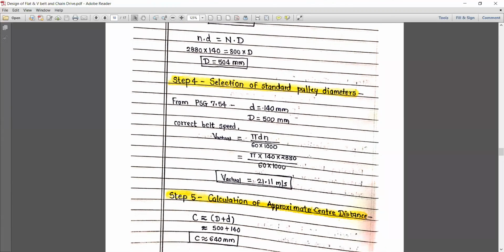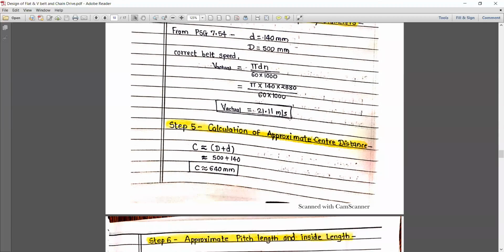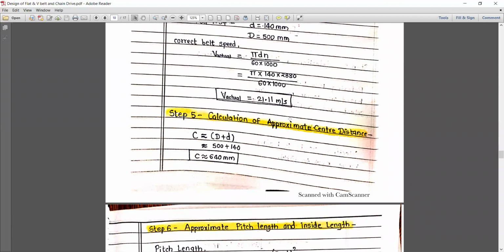Now we have to calculate the actual velocity based on the standard diameters. Putting the diameters in and calculating, the actual velocity we get is 21.11 meters per second. Next step is to calculate the approximate center distance between these two pulleys.